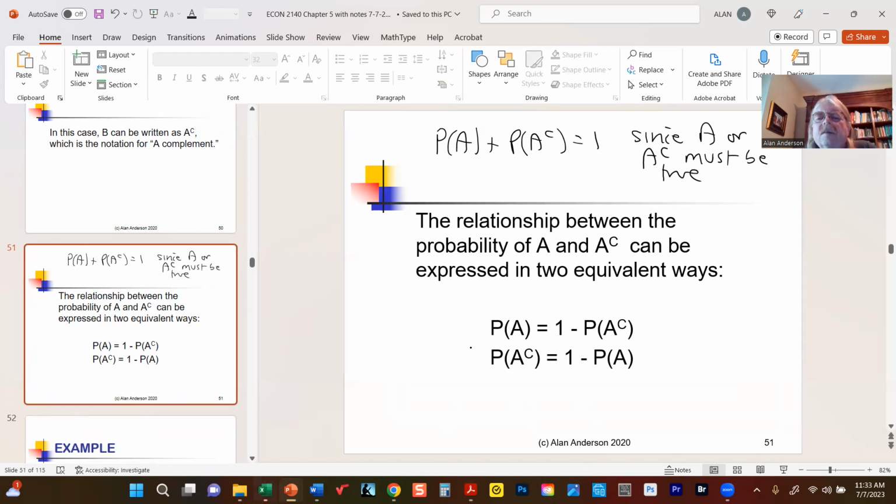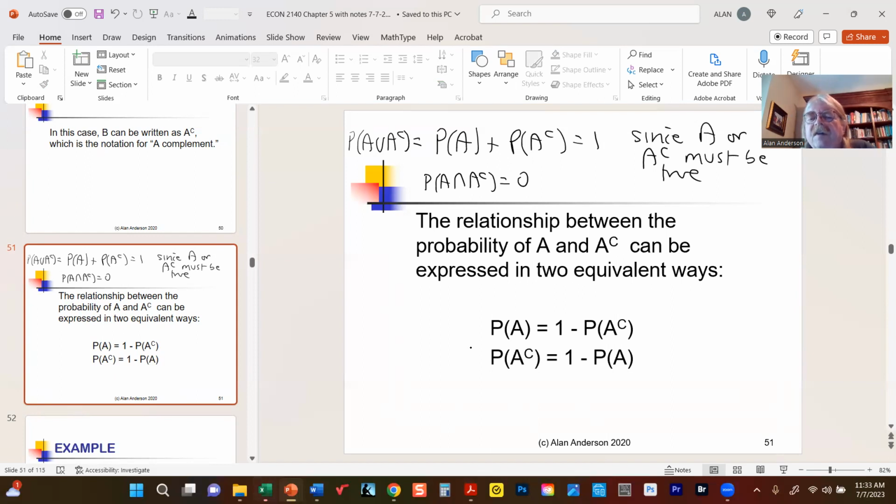And by the way, if you notice, this equals 0, so we don't need to worry about it. We just add these two up, and we end up with P(A) plus P(A^C) equals 1.